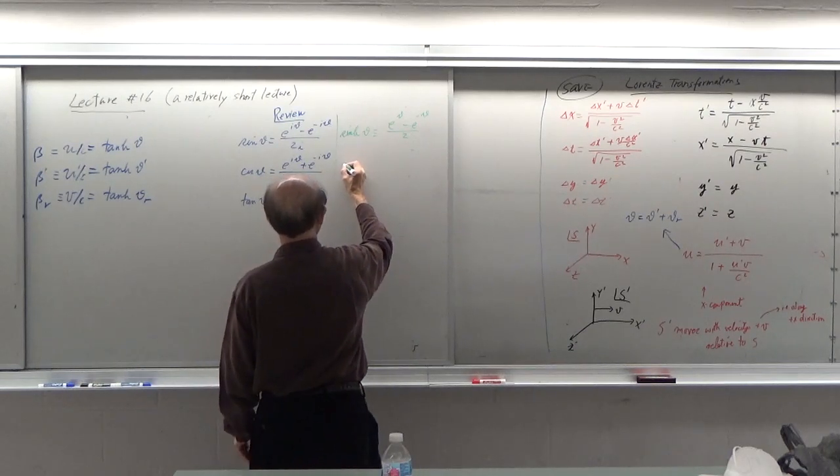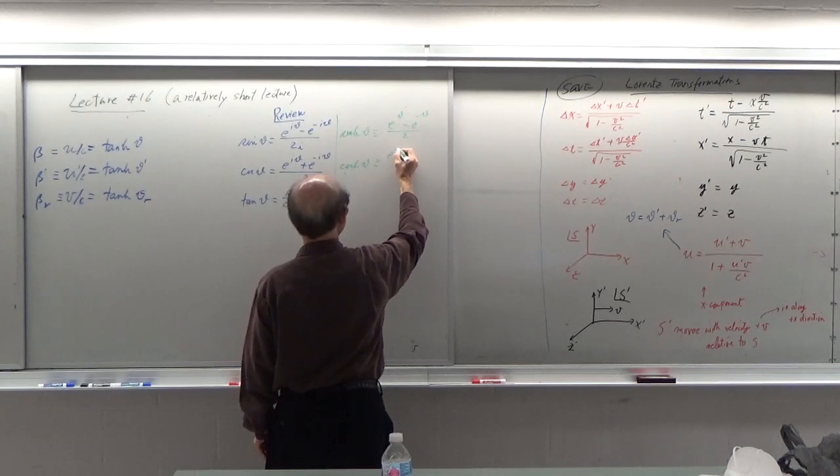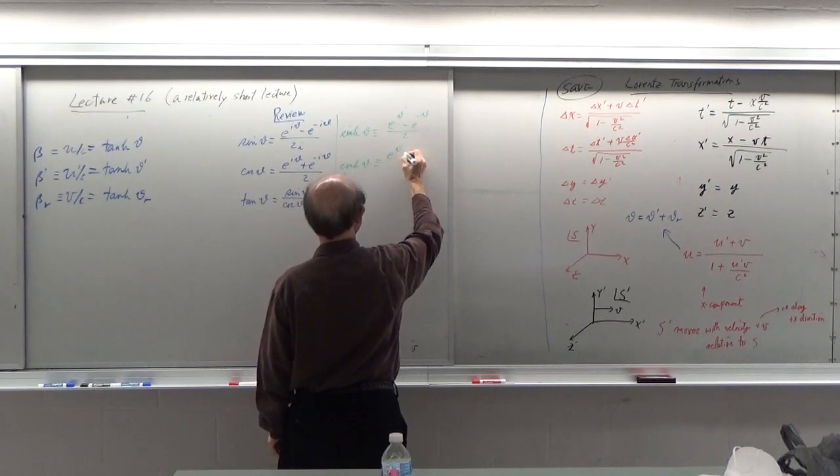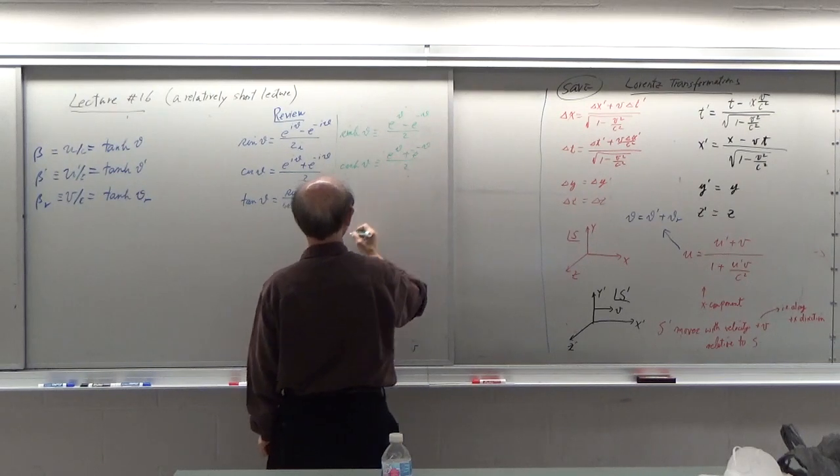And the hyperbolic cosine function is defined to be e to the theta plus e to the minus theta divided by 2.